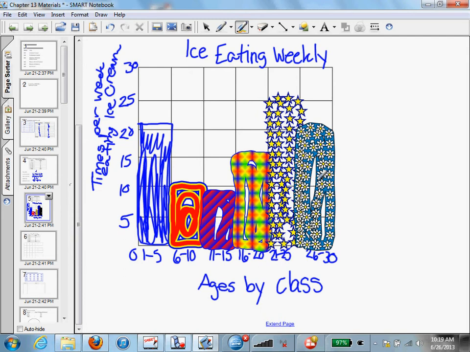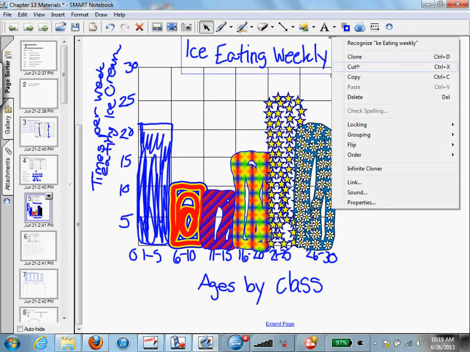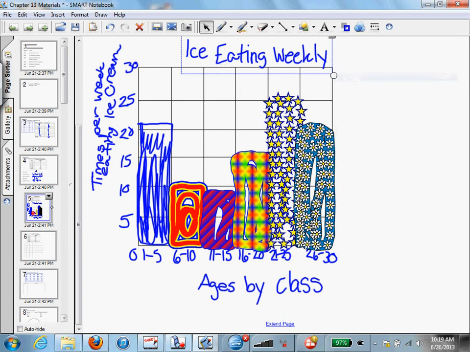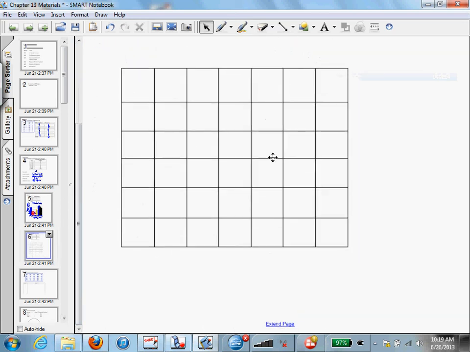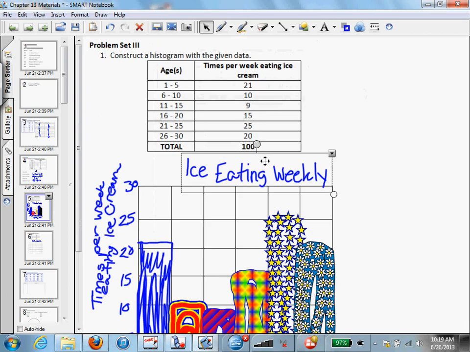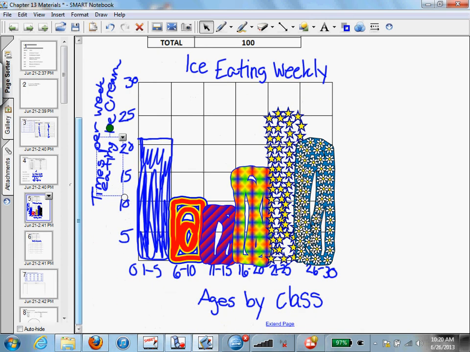Okay, next you're going to have to build a frequency polygon with the given data, and it's going to look a lot similar to what we just built. And I'm just going to put the same labels as before on this graph.